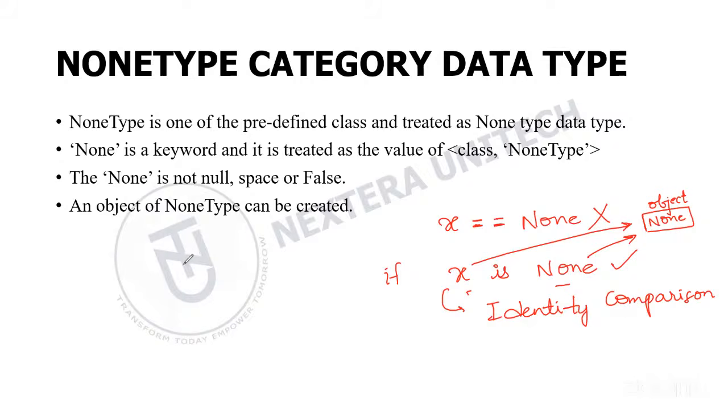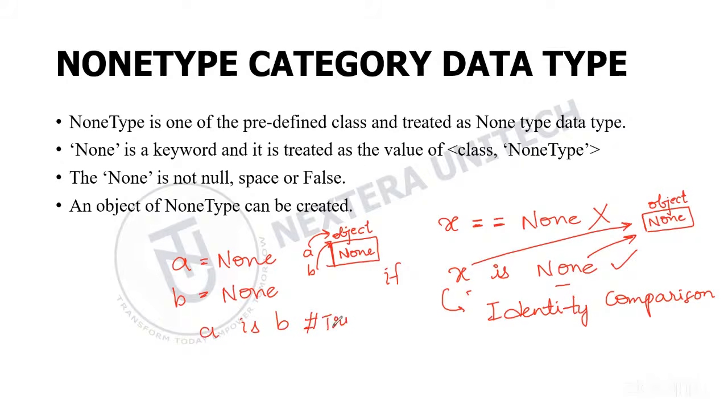Let's say a equals None, b equals None. What happens is None is stored in one object, and a and b point to that same object, because there is only one None value. So when you do a is b, you will get True, because a and b are pointing to the same object.